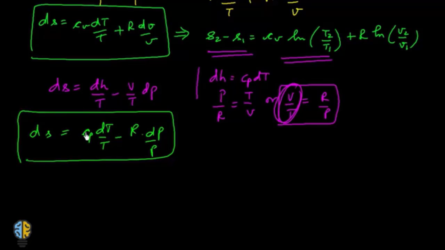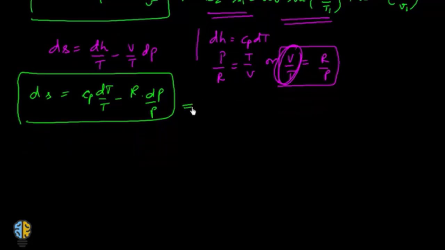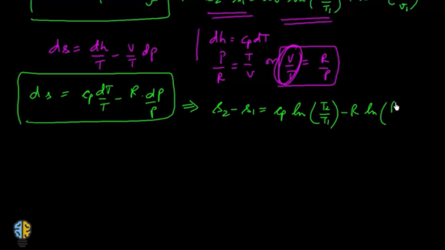Now if you go from state 1 to state 2, let's integrate this equation, and you would get S2 minus S1 is equal to Cp into natural log T2 by T1 minus R into natural log P2 by P1.